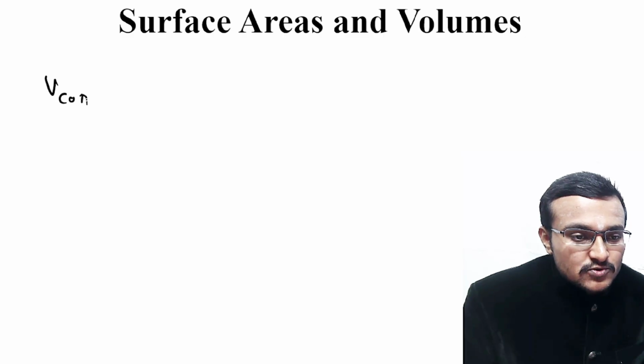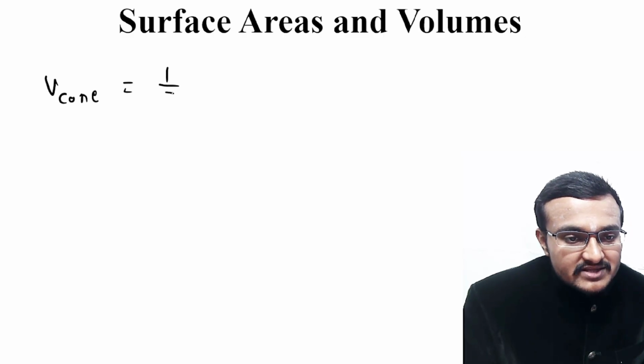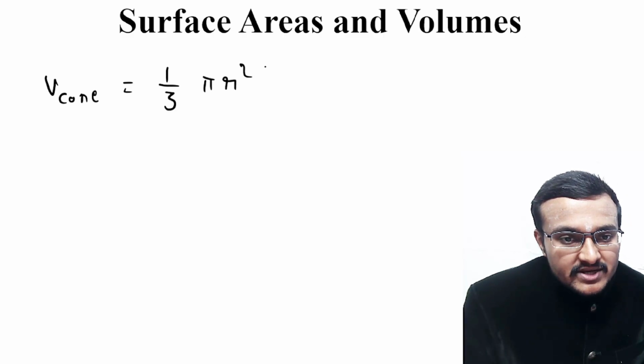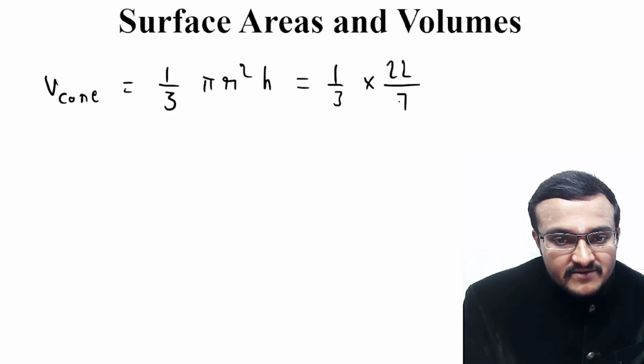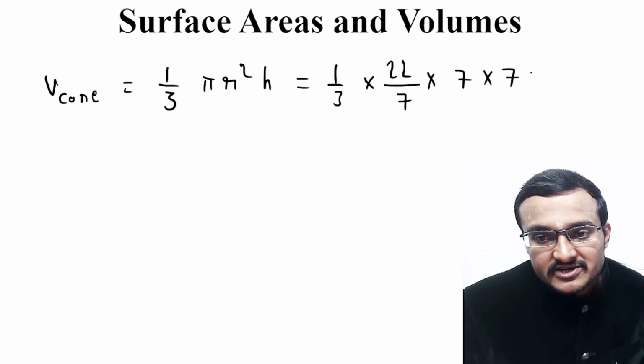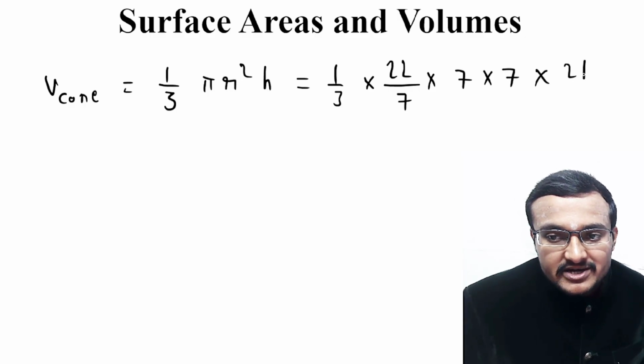So now volume of this conical tent is equal to 1 by 3 pi r square h. So 1 by 3 into 22 by 7 into r is 7. So 7 into 7, here r square is there, 7 into 7 into height we have got as 24. So 7 ones are 7 ones gets cancelled with each other. So here 3 ones are 3, 3 8s are 24.